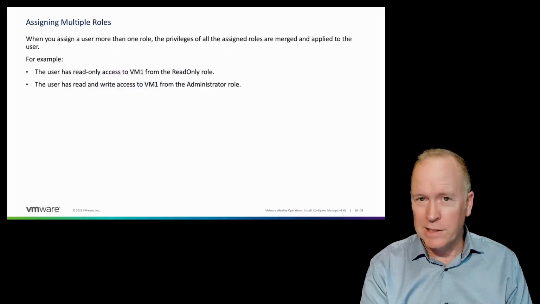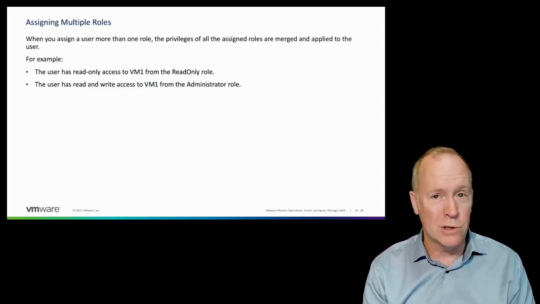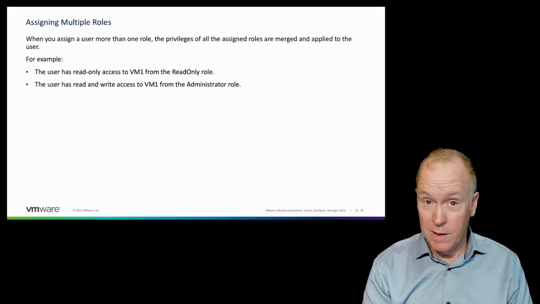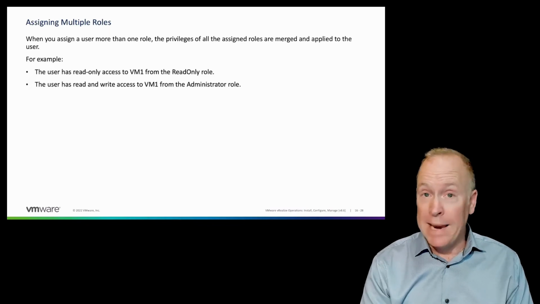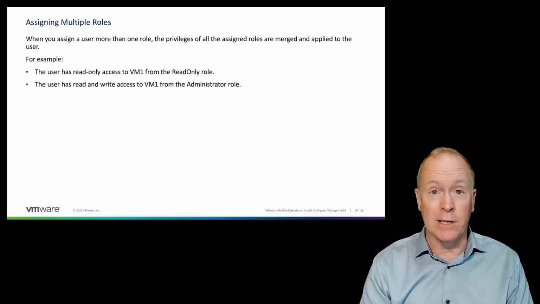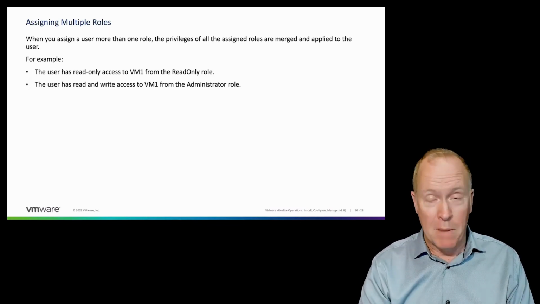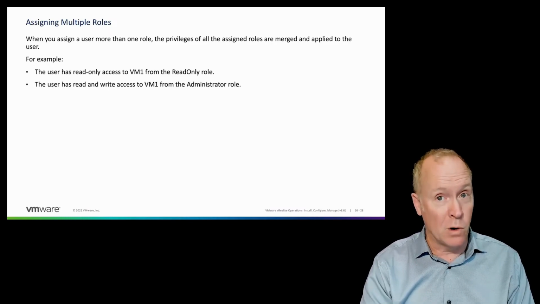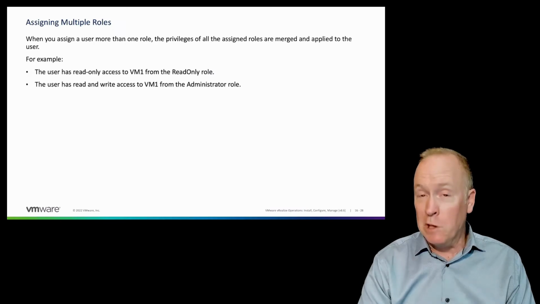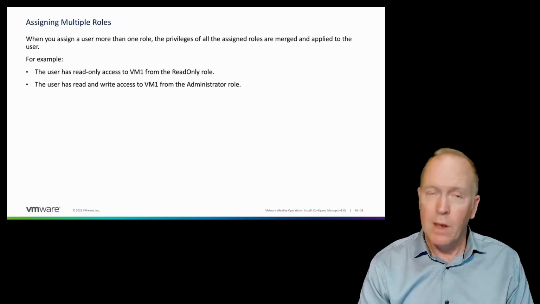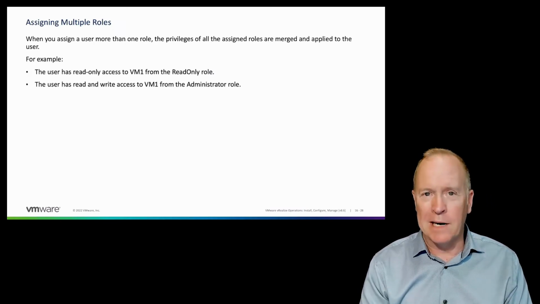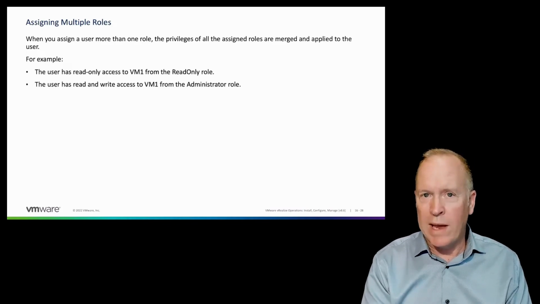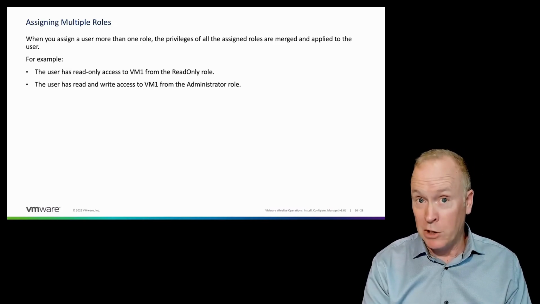In vRealize Operations, it's possible for a user to have multiple roles assigned to them. So a single user might have multiple roles because the user might be part of multiple groups. Each group can have a different role, therefore the user can have multiple roles. The reason why we're talking about this is vRealize Operations has its way of handling that sort of situation.